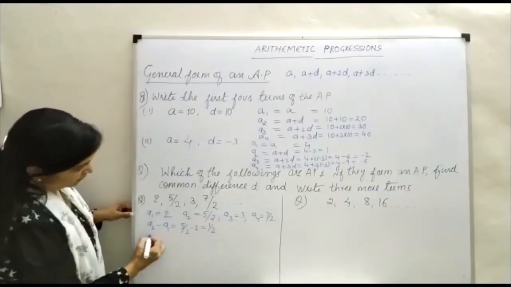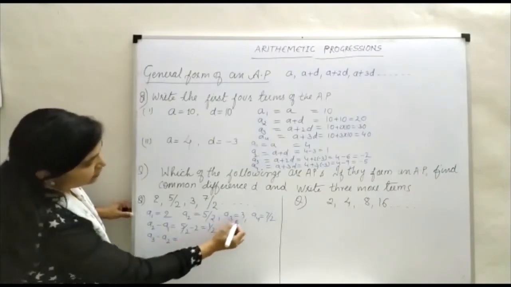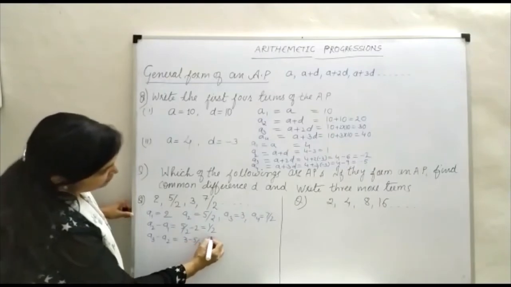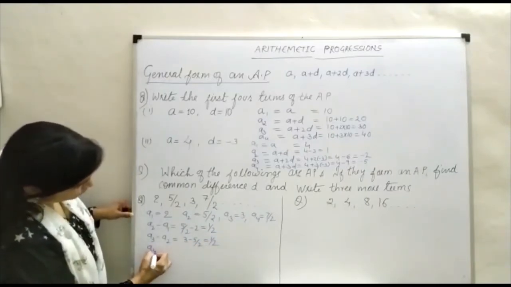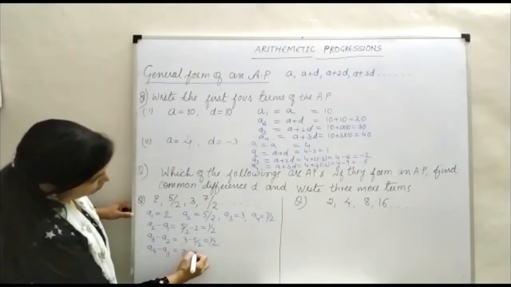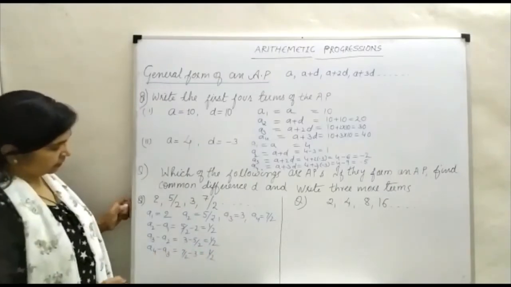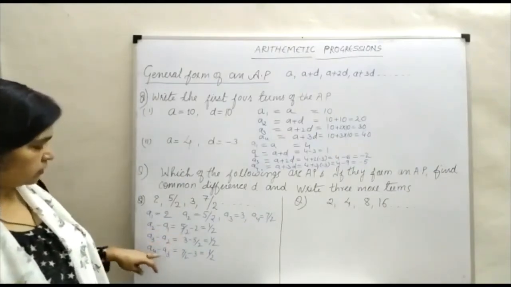Again A3 minus A2, that is 3 minus 5 upon 2, that is again half. And similarly A4 minus A3, that is 7 upon 2 minus 3, and that is again half.